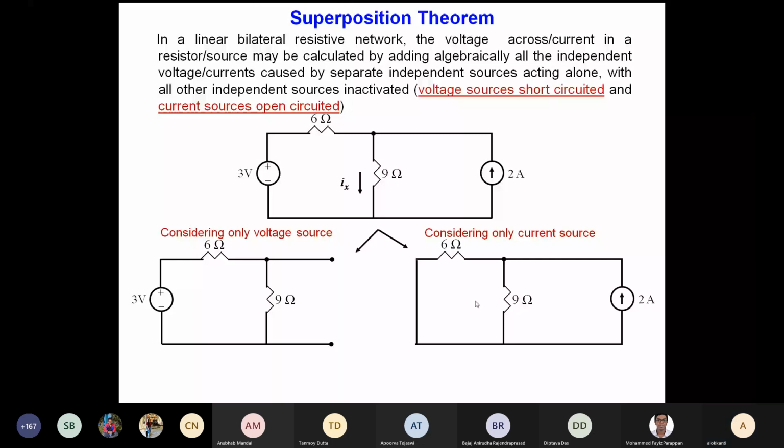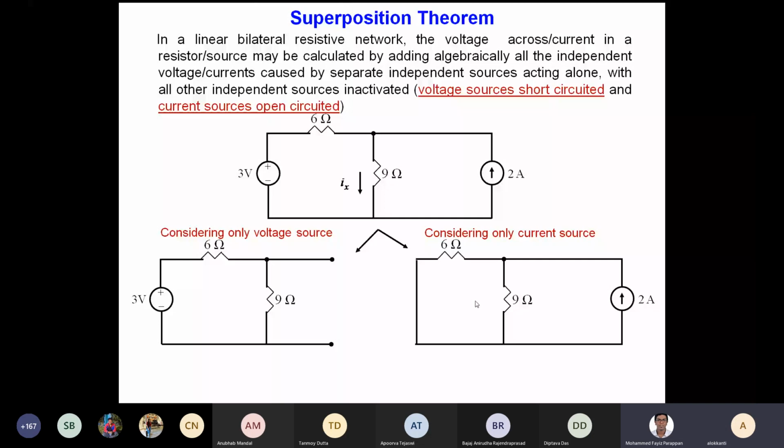Along with the 2 ampere, if some resistance, some 3 ohm, 4 ohm, is also there, can we open circuit it completely?